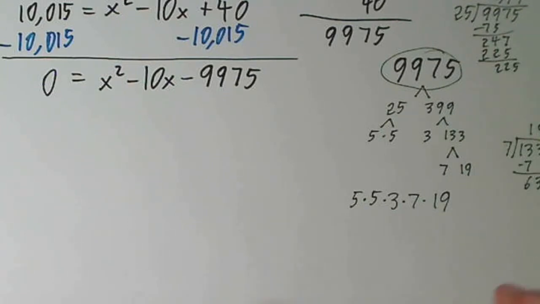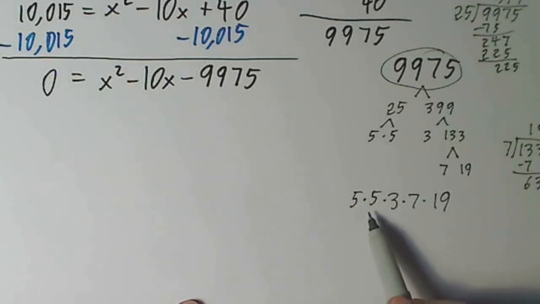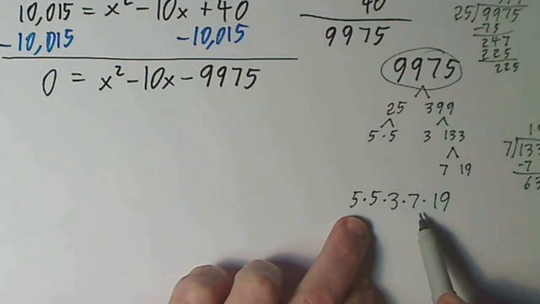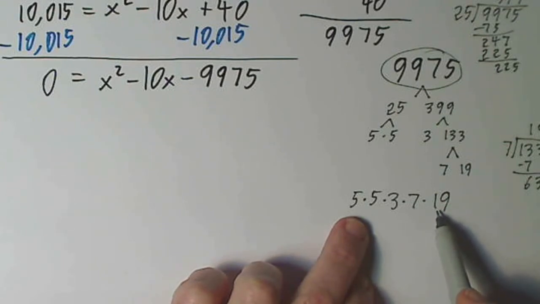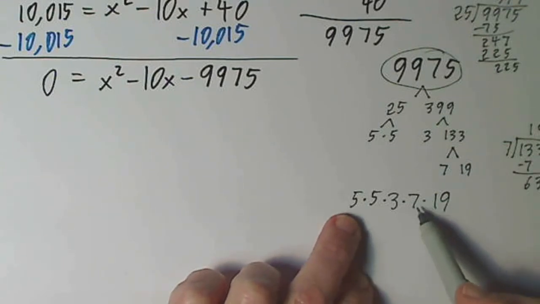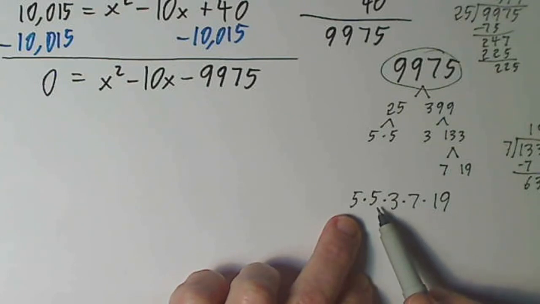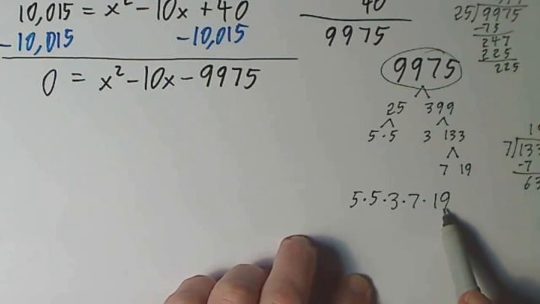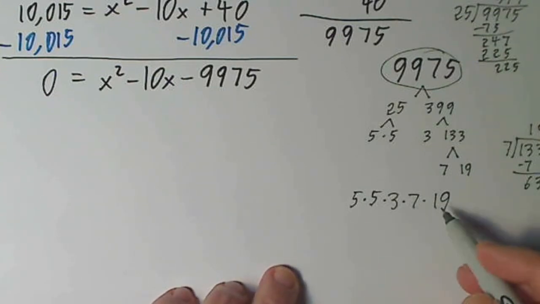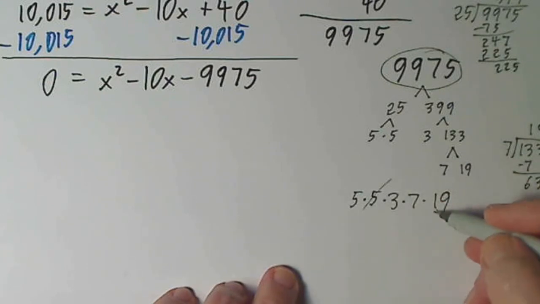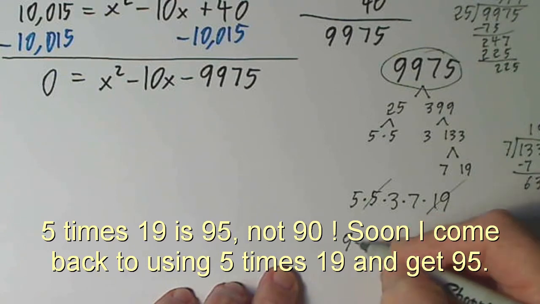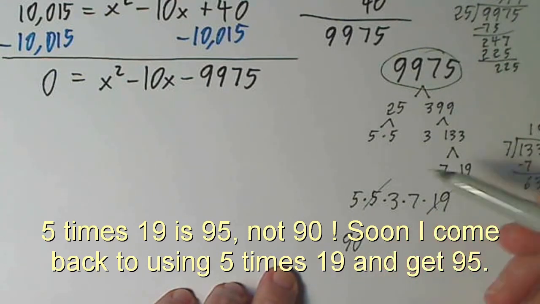I know I want them both to be kind of big. 7 times 19 we figured was 133. 5 times 19 is close to 100, so I'm going to pick that. 5 times 19 would be 95, and then I'm left with a 5, a 3, and a 7.